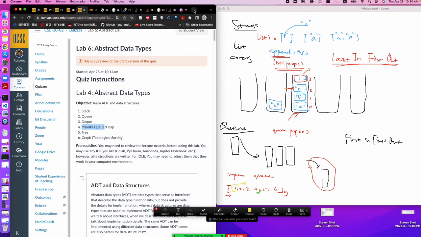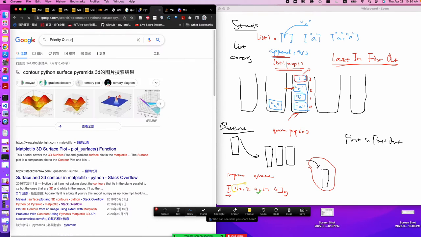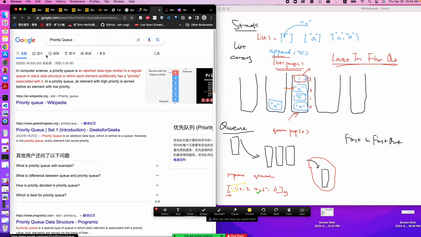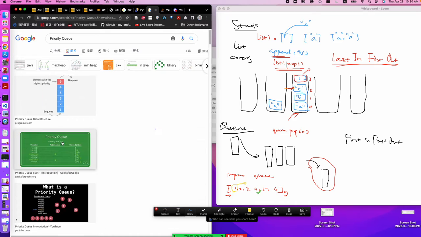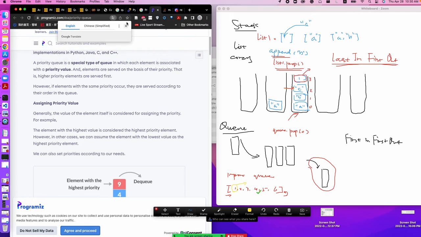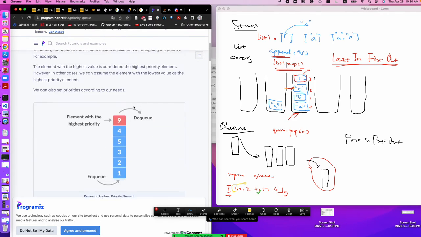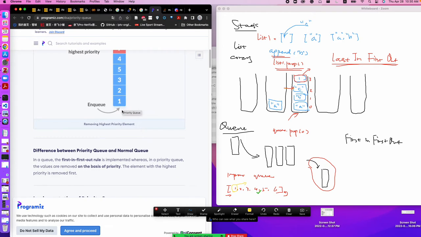Another type of data structure is called a priority queue. Yeah, so for a priority queue, we can have some intuition: let's say we are human beings waiting in line, but some other guys, for example, wanted to pay more to be the first one to leave the queue, right?